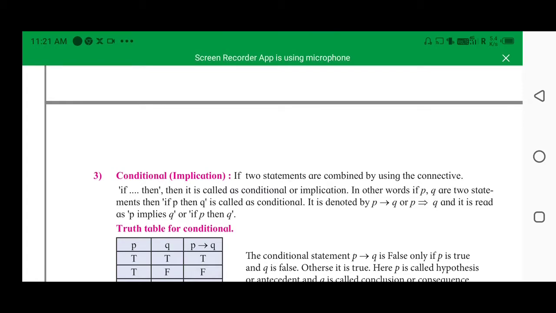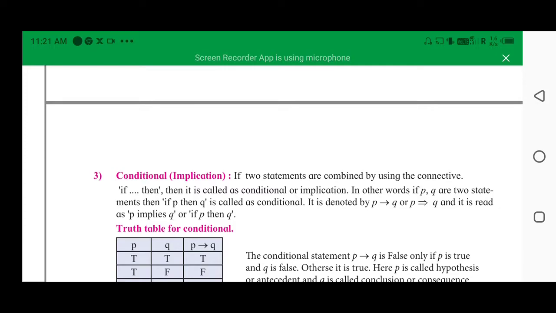After this we have the conditional statement, implication. If two statements are combined by using the connective if then, it is called a conditional or implication. In other words, if P and Q are two sentences, then if P then Q is called a conditional statement.